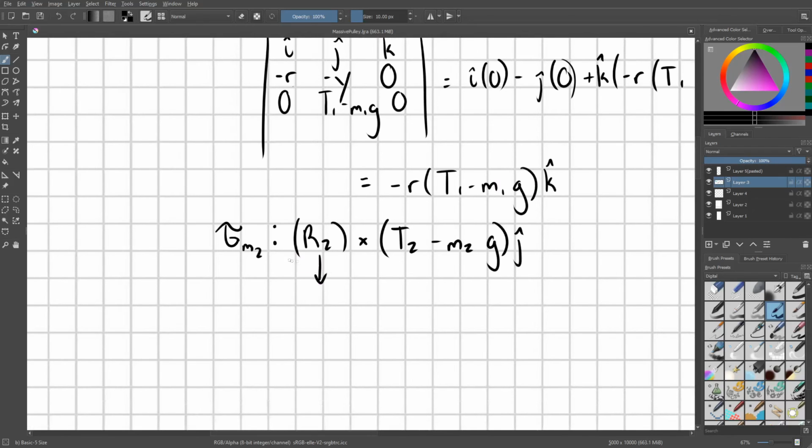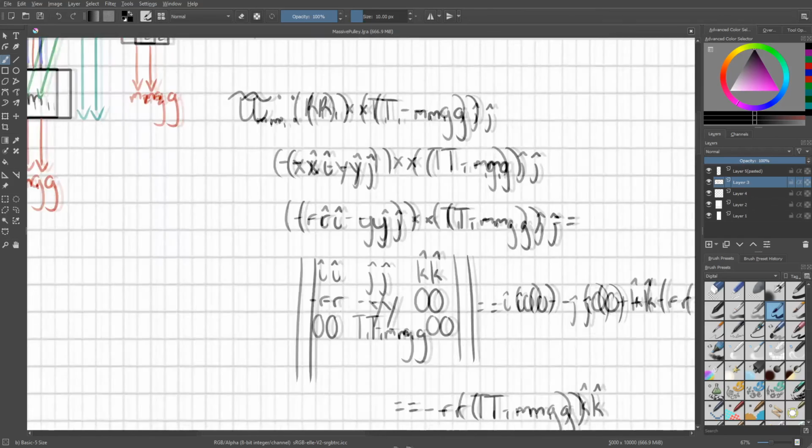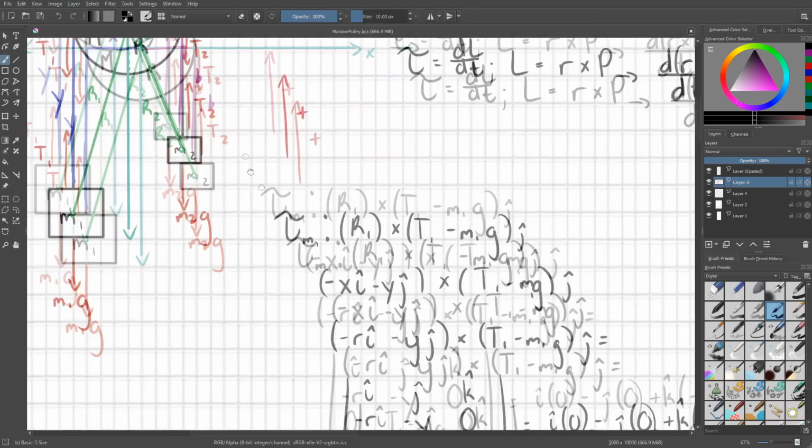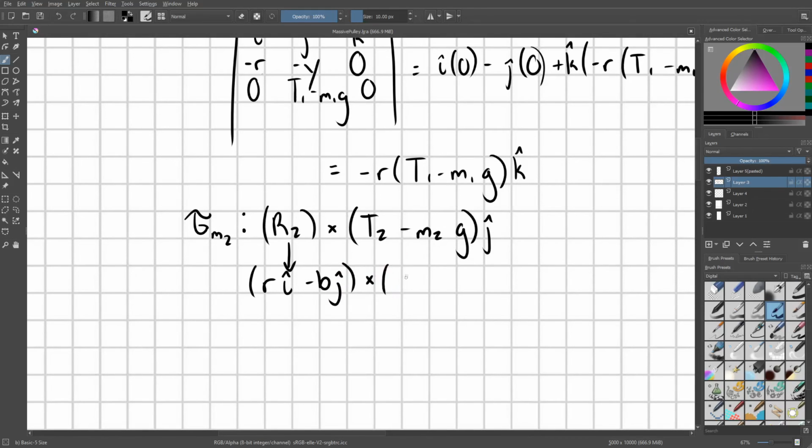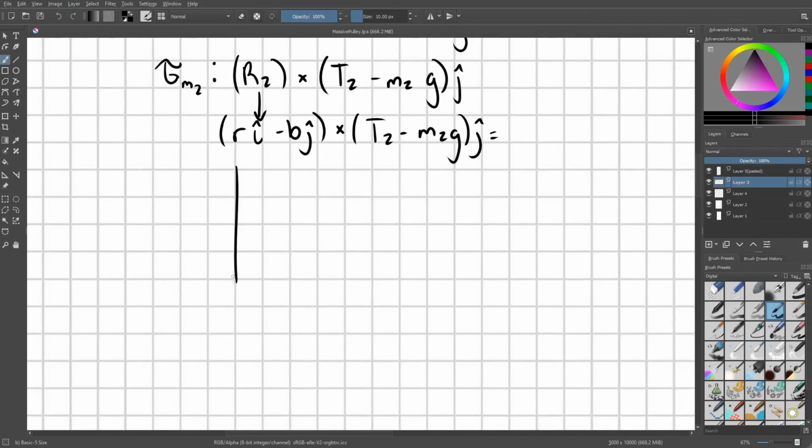Right, and so I said that R2 is R in the i-hat direction, positive, and then we had negative B j-hat. Same deal as before, I'm just calculating this determinant out.